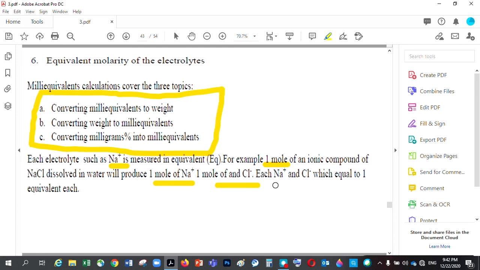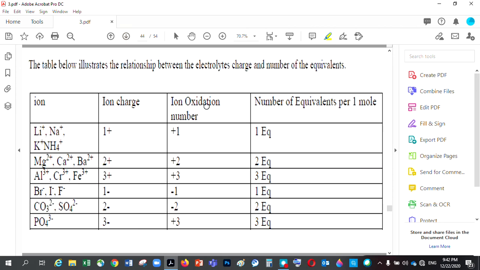Here's the table that shows you: those ions are all positive 1, oxidation number +1, and the number of equivalents per mole, make sure you understand that it's per mole, is 1.